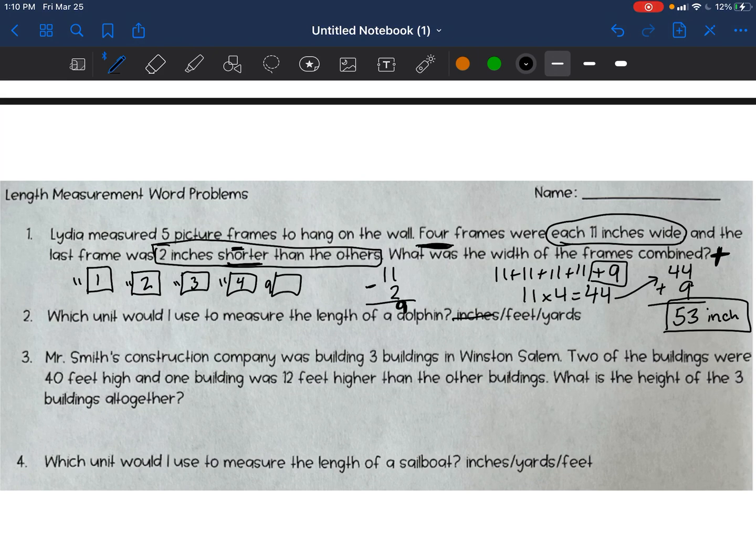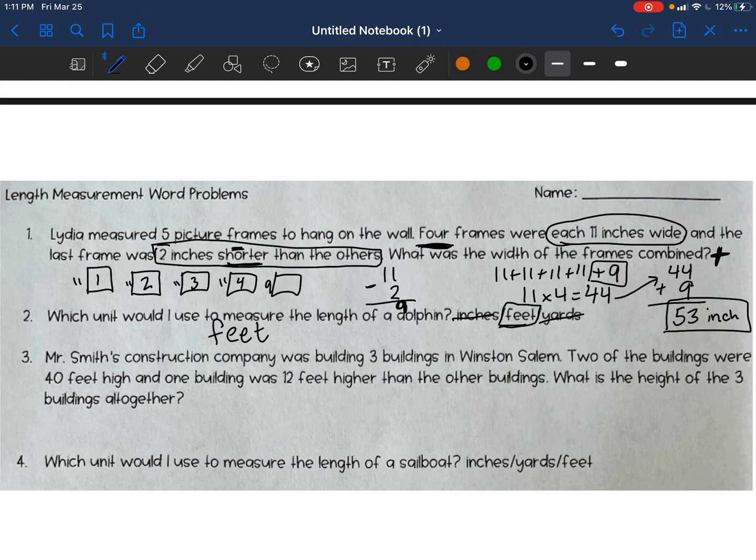Okay, so what do you think? Should we measure in feet or yards? Well, I think feet would be the best option because yards might be too big. So if I were you, I would measure a dolphin in feet. That would give me a more accurate measurement of how long a dolphin is.